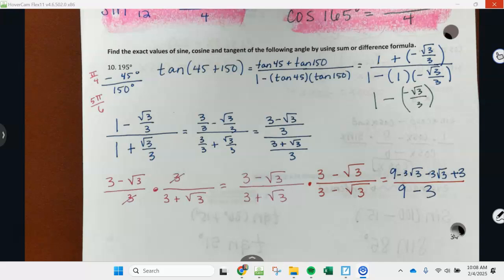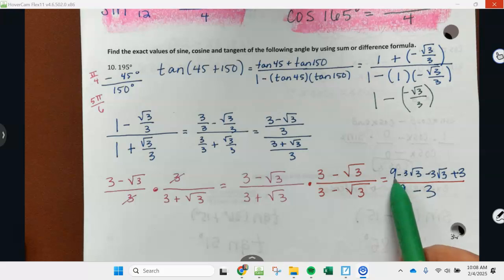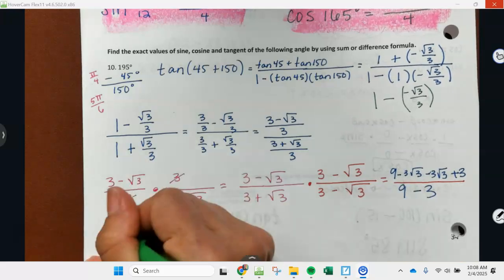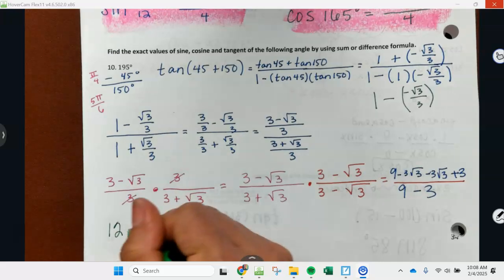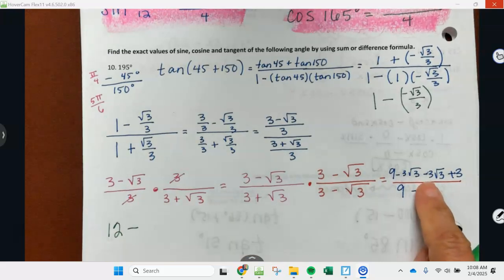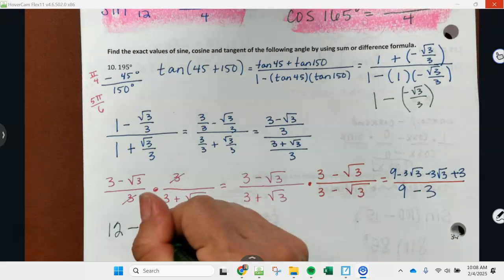All right, let's clean up the top. Let's see what we get. So the 9 and the 3, those are just plain numbers. So the top is going to be 12 minus, now look, I can add those because they're like roots. So negative 3 root 3 minus 3 root 3 is negative 6 root 3.